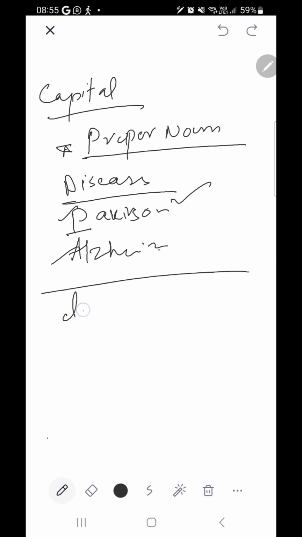But with other common nouns like diabetes, blood pressure, a disease that is named after a scientist or a person can be written with a capital letter. But other diseases such as diabetes, blood pressure should be written in lowercase.